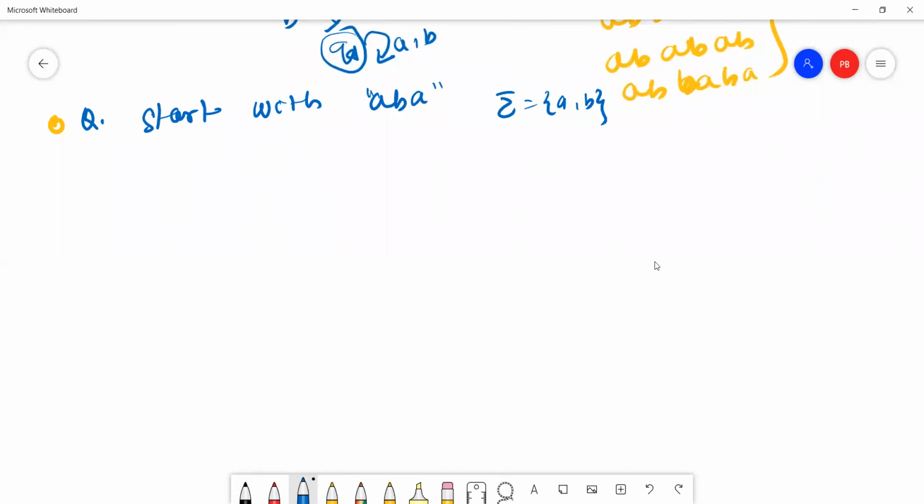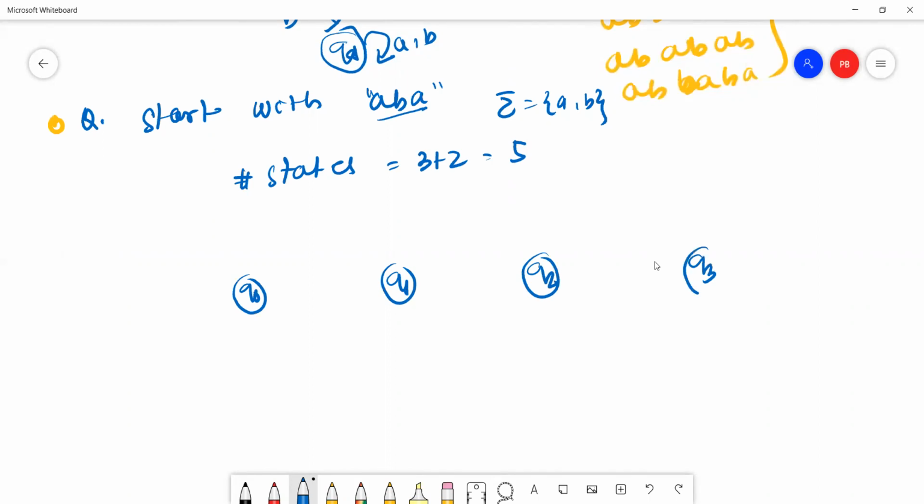Now identify the total number of states. The minimum length string is 3, plus 2, means the total number of states is 5. This is Q0, this is Q1, this is Q2, this is Q3, my final state.